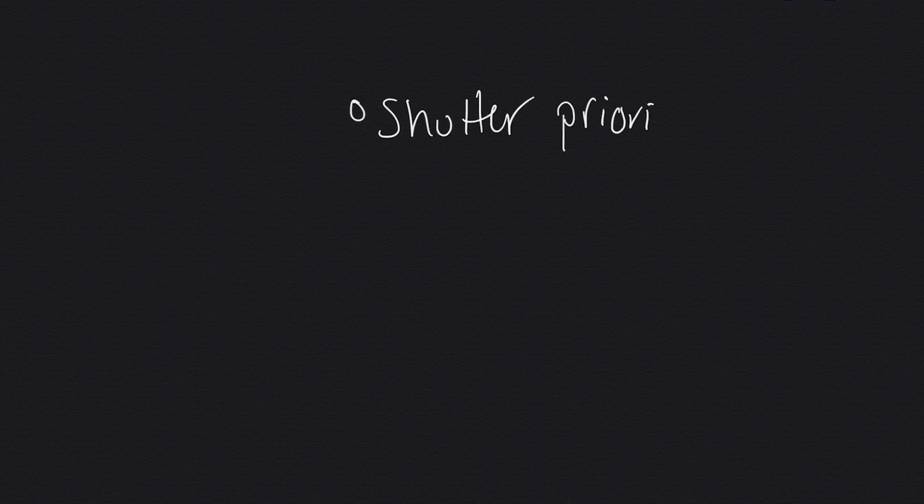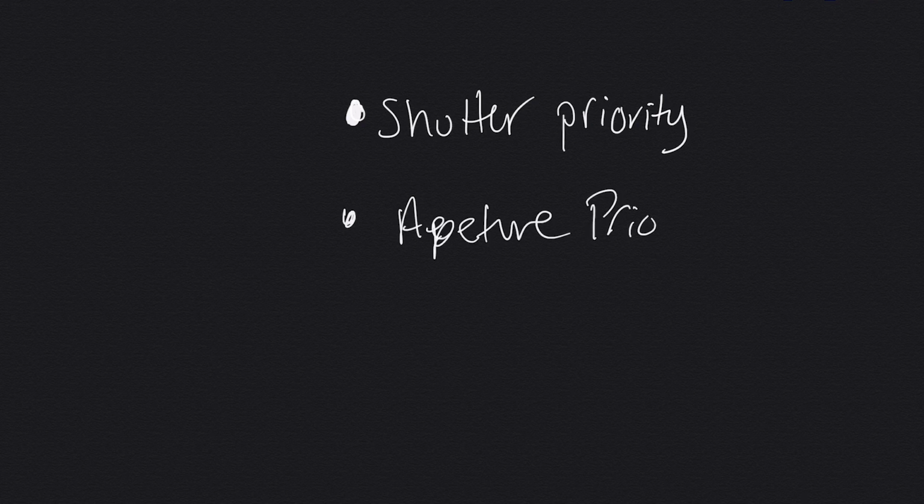So next week we're going to start breaking down the different modes on your camera. Here's kind of the layout: shutter priority, and I'm just giving you a basic overview because at the end of the day, you should be shooting in manual mode. Shutter priority, aperture priority, and then the week of the 14th of June, we'll be talking about manual mode.